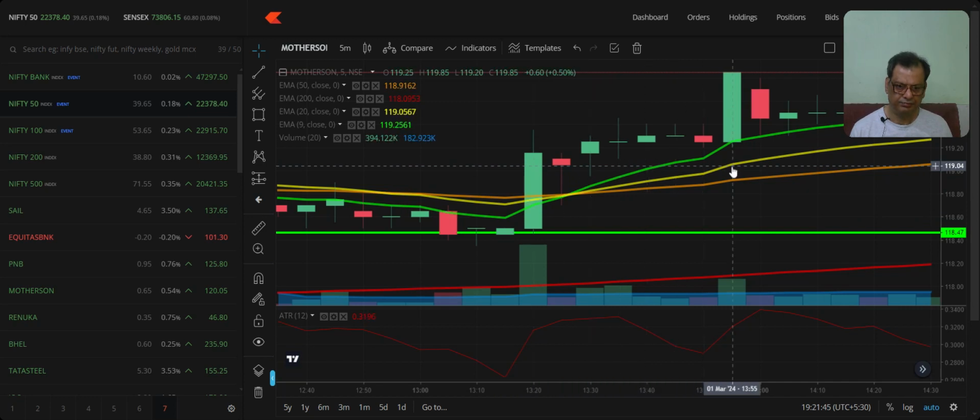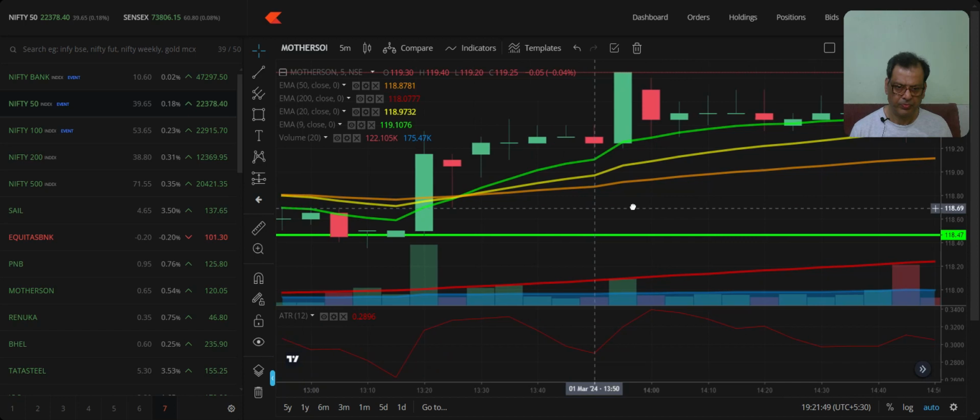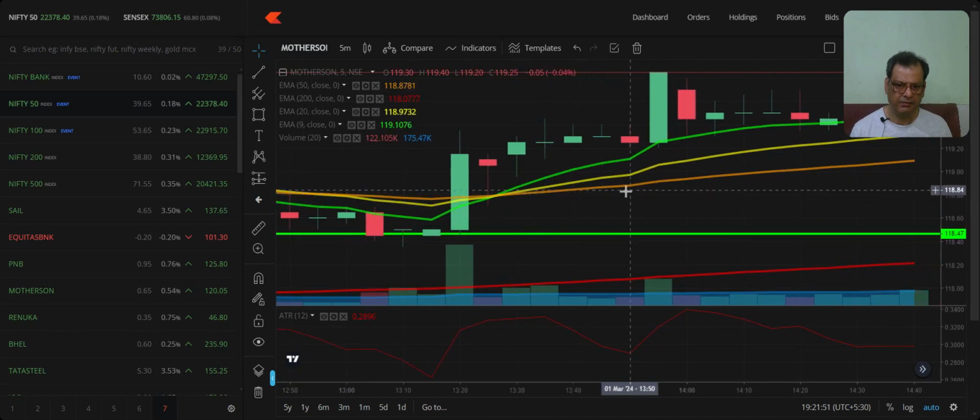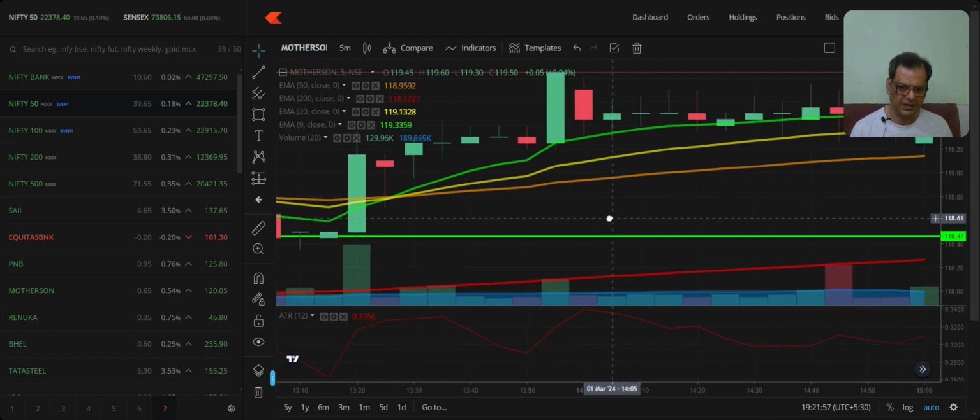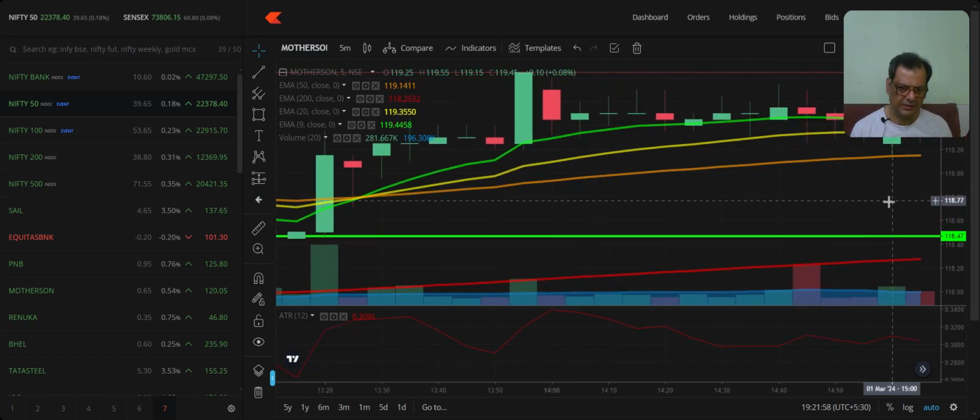There you go. And if you didn't move your SL, you would have remained, assuming you didn't sell here. Obviously, we can't pick the highs, and you just waited and you sold here. You would have still made some money. If you didn't sell after this, you didn't sell after this.